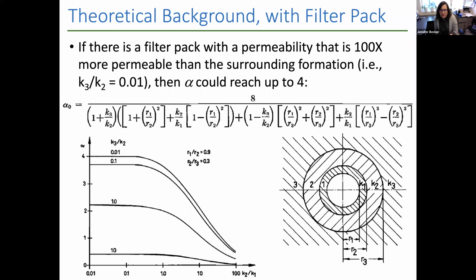So am I correct in understanding that it's hard to get a good plume development if your aquifer is very permeable? If your aquifer is very permeable, yeah. So you'd have a hard time getting good spread if that permeability is high relative to the material you put into the well, the reactive material or the well screen. Yeah, that's true.